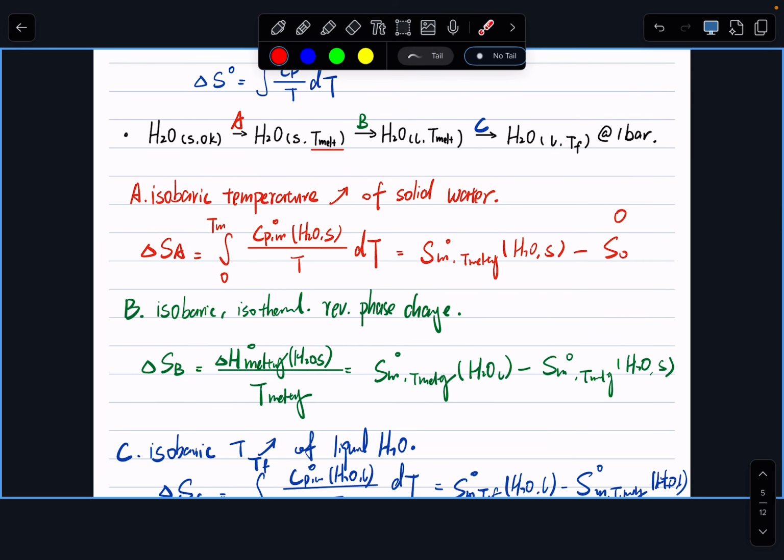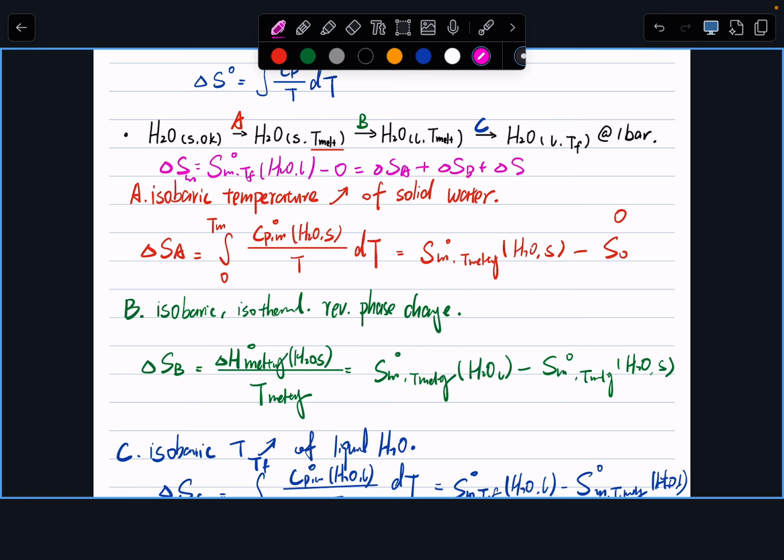So if we think about the overall process, what are we looking for? We are looking for the delta S between your final state and your initial state. So my delta S equals the molar entropy of my H2O liquid at T final minus 0. The overall delta S equals delta SA plus delta SB plus delta SC. In the processes, several intermediate states will cancel out.